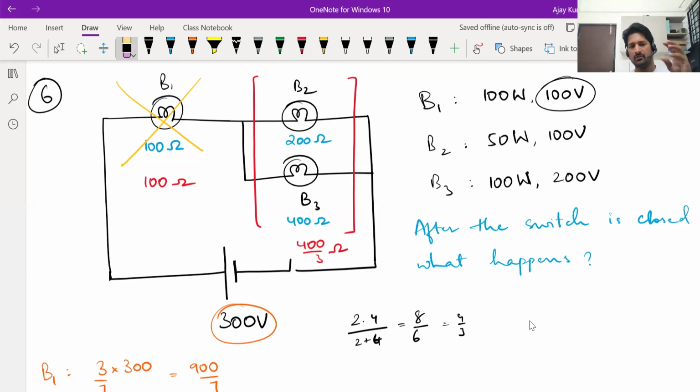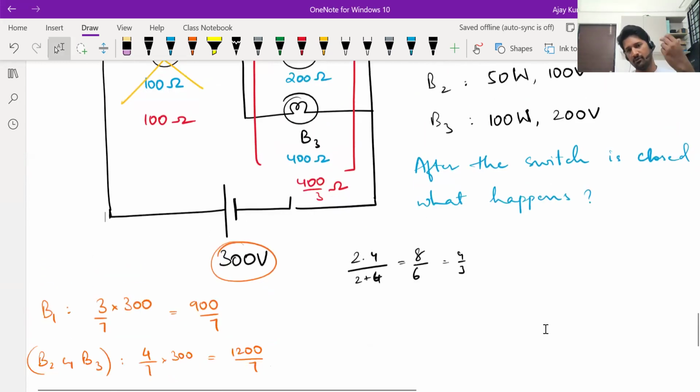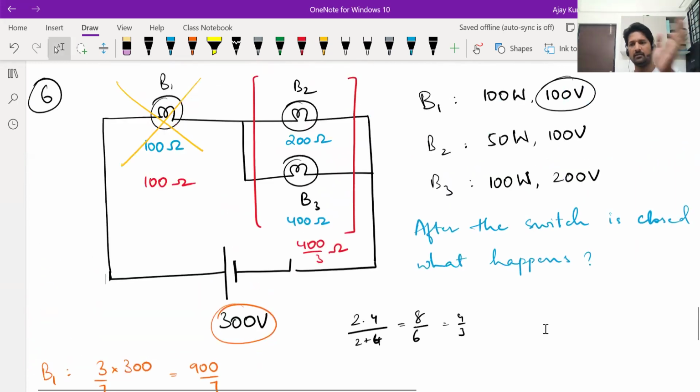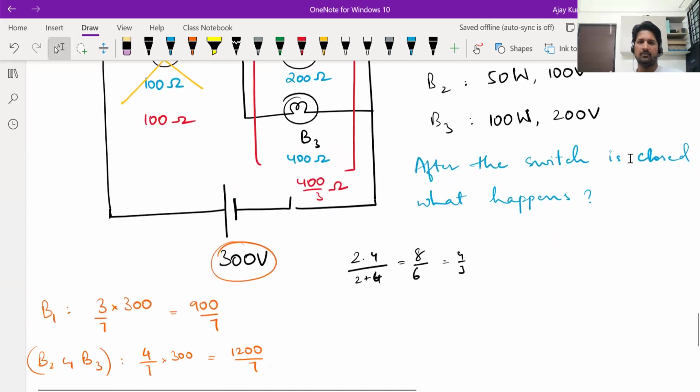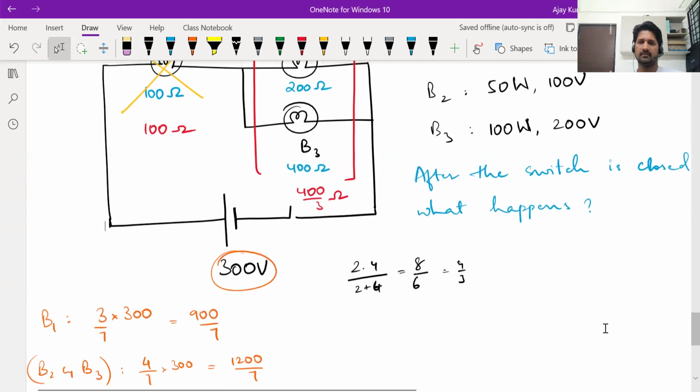Current will get established everywhere. Okay, so we found out their share of voltage. That share of voltage will get established. It's not like it will go one by one. So tell me, are B2 and B3 safe? B2's rated voltage is 100.